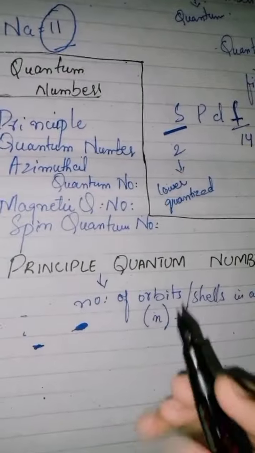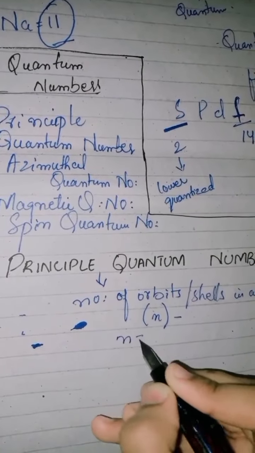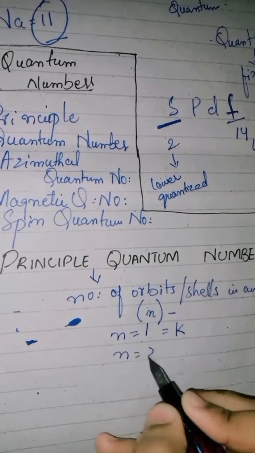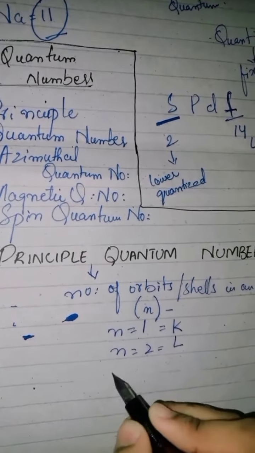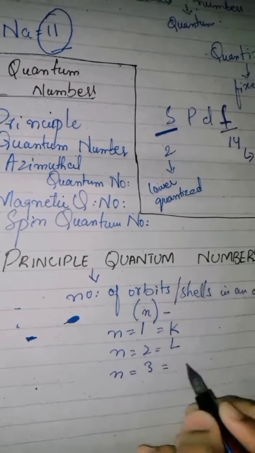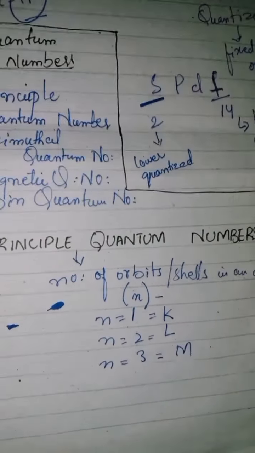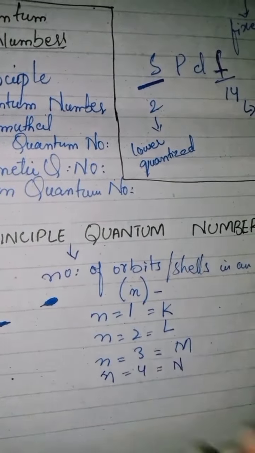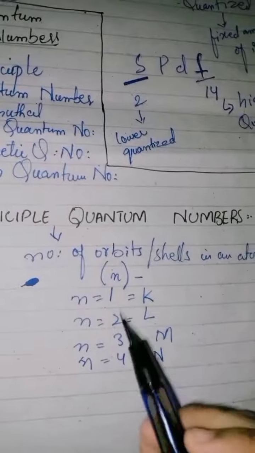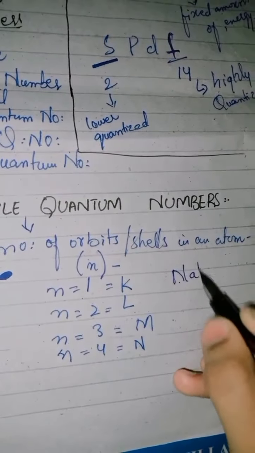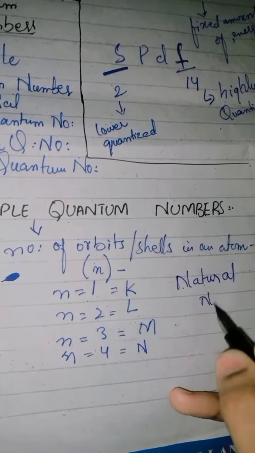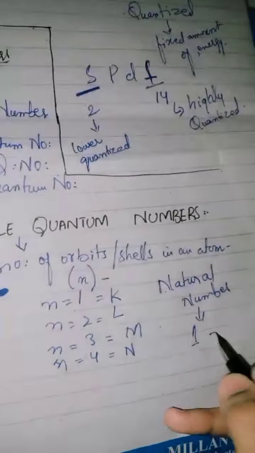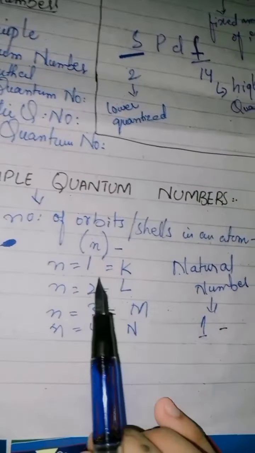The values of n are 1, that is K shell, 2 for L shell, 3 for M shell, and the fourth for N shell. These values start from the natural numbers, that is from 1 onwards.